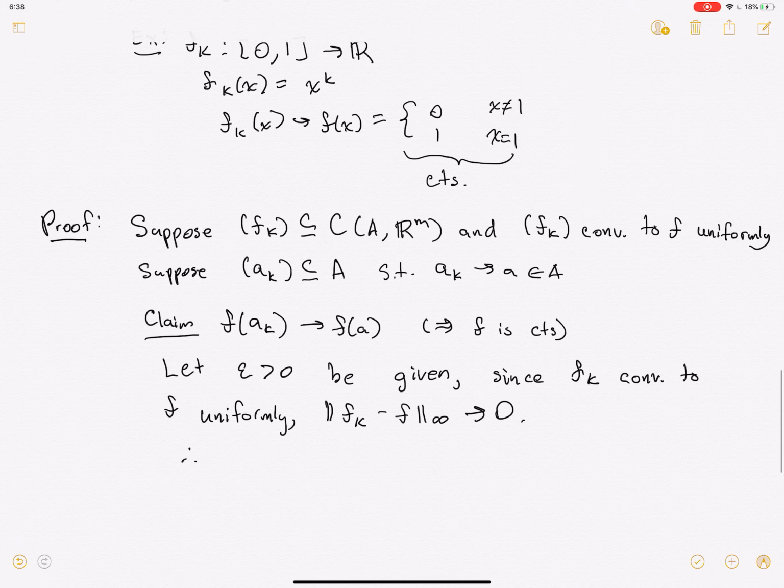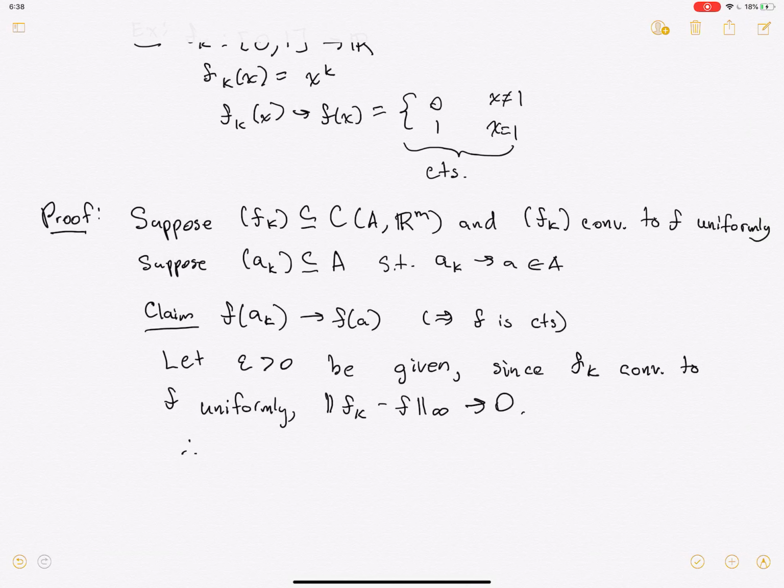So that just means the limit of the f_k's is f. So there's an n1, a natural number, such that if k is greater than or equal to n1, then the norm of f_k minus f is less than epsilon.